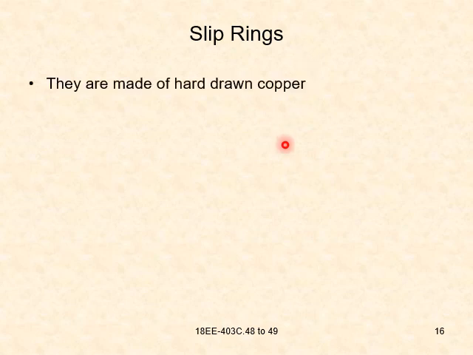Coming to slip rings, they are made of hard drawn copper. What is hard drawn copper?